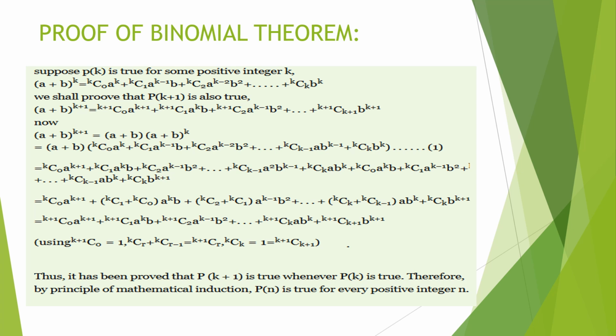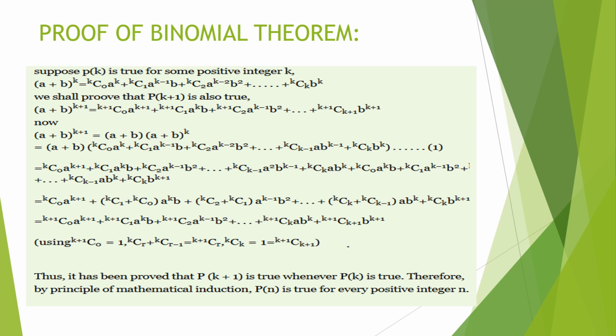Similarly, afterwards we multiply by b. So what will that be? The term in that will be b into kC0 a^k. Similarly, next term kC1 into a^(k-1) into b^2 and so on. And what will be the last term? kCk b^(k+1).